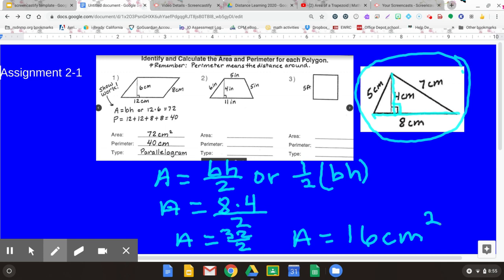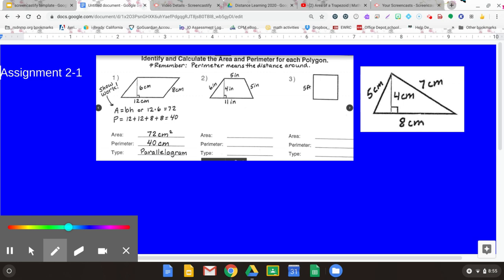Now, if you had a right triangle, your height would be the distance right here. It'd be this. So if you have some other type of triangle than a right triangle, they have to give you the height in there in order for you to find the area.